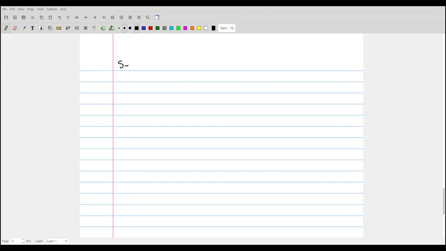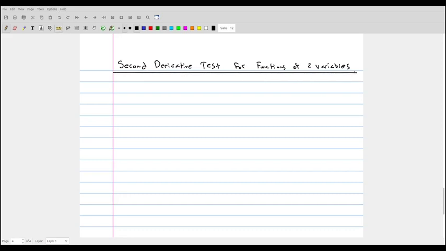So the second derivative test for functions of two variables says the following.